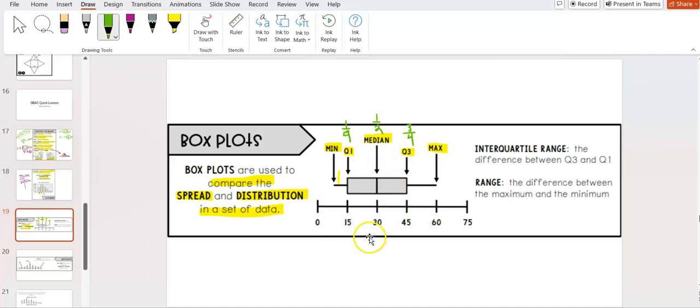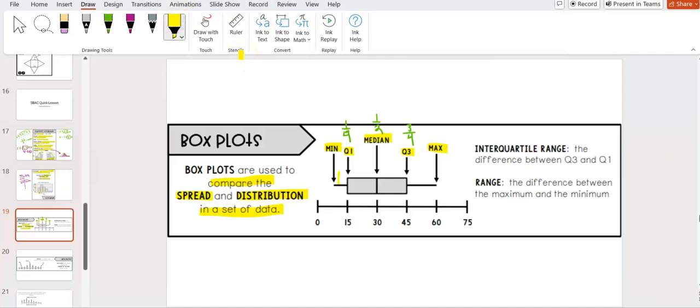And so sometimes these box plots are called box and whisker plots because this is the box and these are the whiskers, okay? But this is showing where the majority of our data is, and then these are showing where the minimum and maximum go, okay?